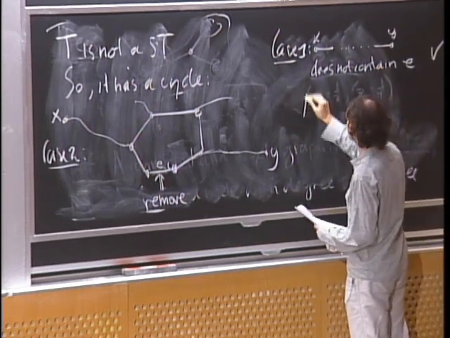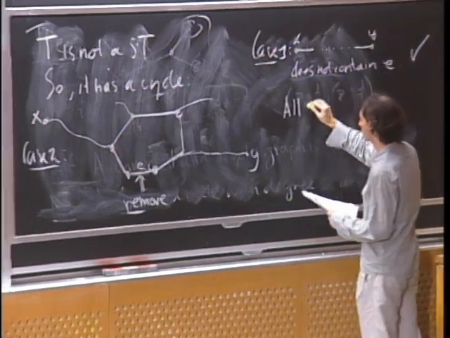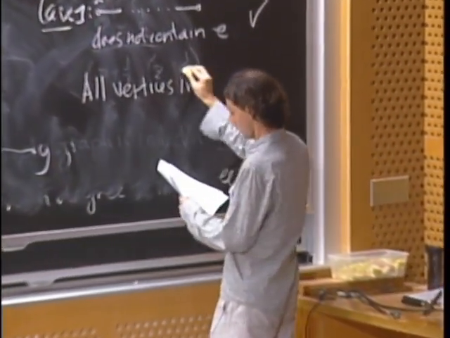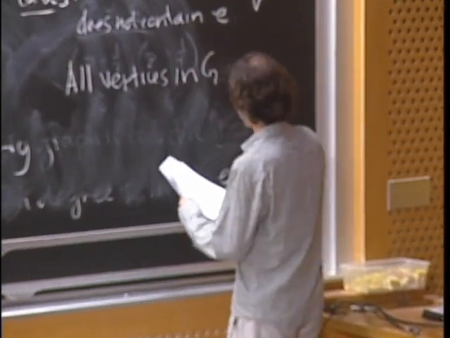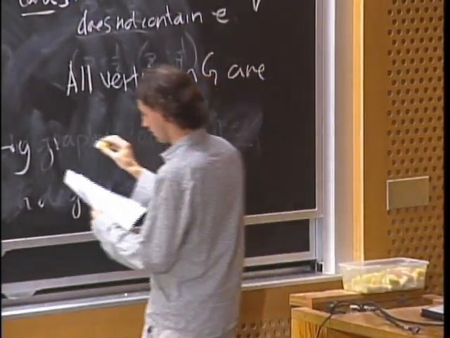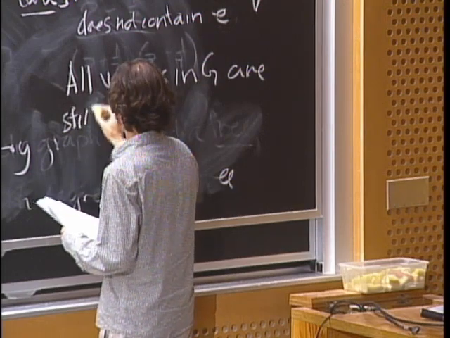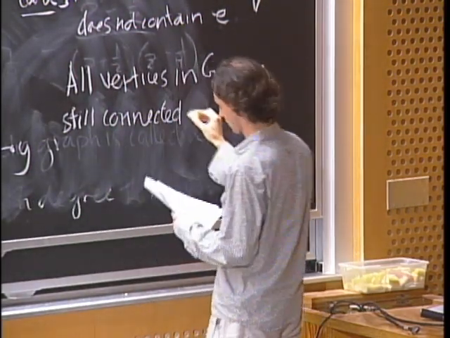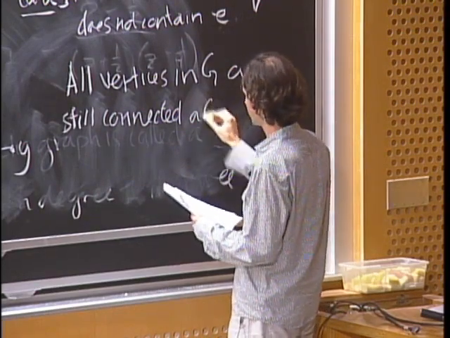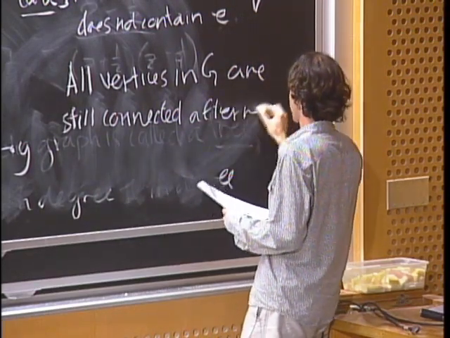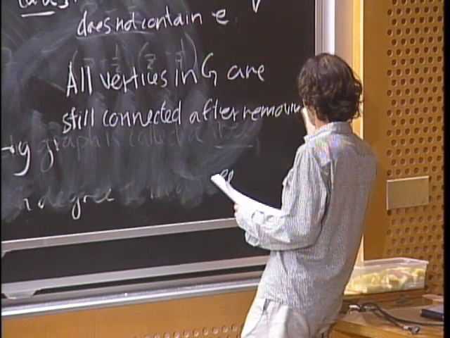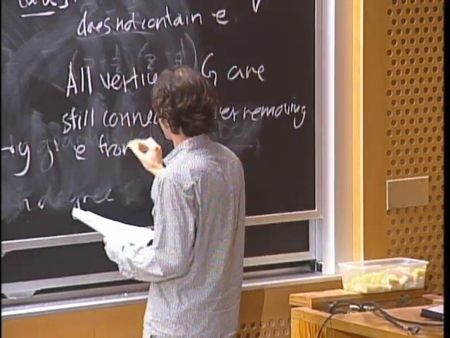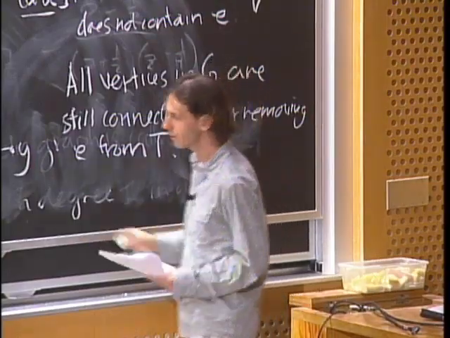So let's write this out. So all vertices in G are still connected after removing e from T. So now we're done.